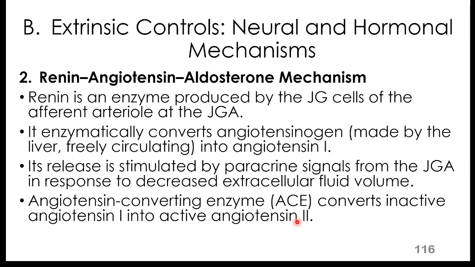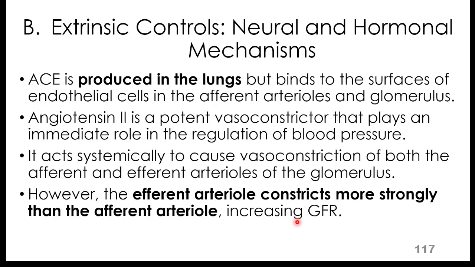Angiotensin converting enzyme converts inactive angiotensin 1 to active angiotensin 2. Now, angiotensin converting enzyme is produced in the lungs, but is seen to bind to the surface of endothelial cells within the kidneys.